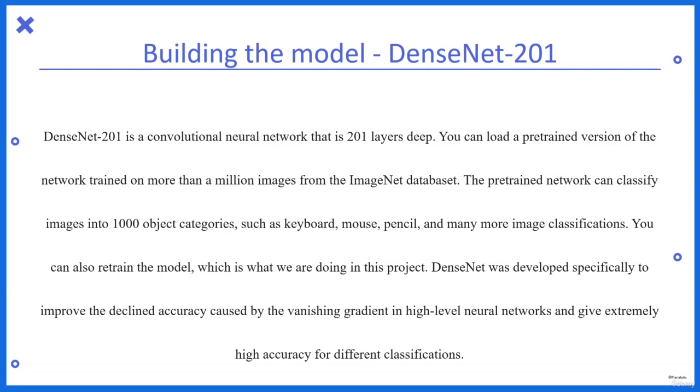So unless you're providing it with a lot of information, it won't be performing to its maximum accuracy, because as it has 201 layers, it would require a lot of information to be fed into the model so that the model is able to generalize on the dataset properly. Else, it would not be able to do so, which would be clear too when we are building our own model.